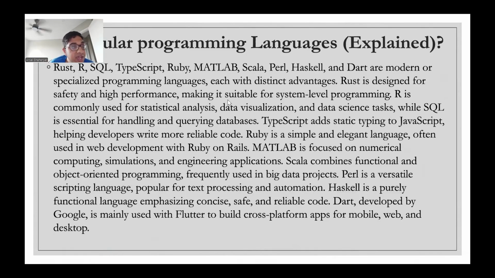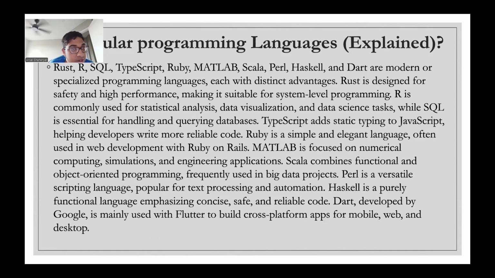Now, the other 10: Rust, R, SQL, TypeScript, Ruby, MATLAB, Scala, Perl, Haskell, and Dart are modern or specialized programming languages, each with distinct advantages. Rust is designed for safety and high performance, making it suitable for system-level programming.